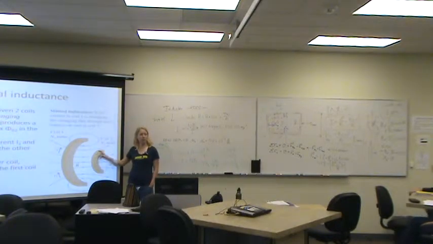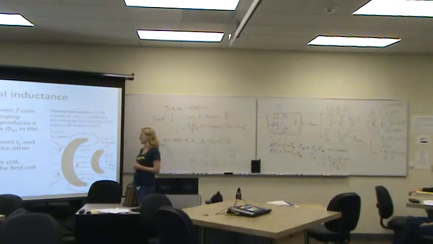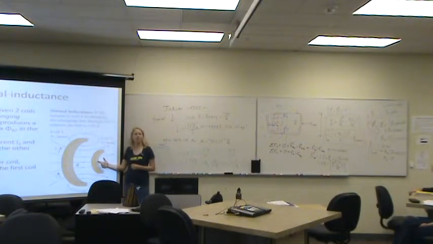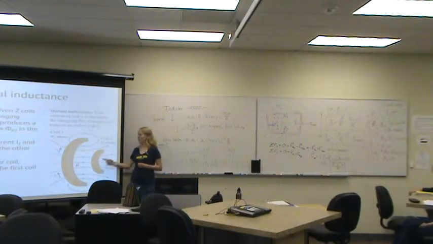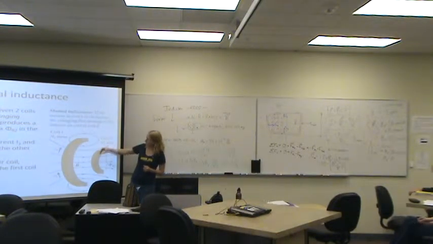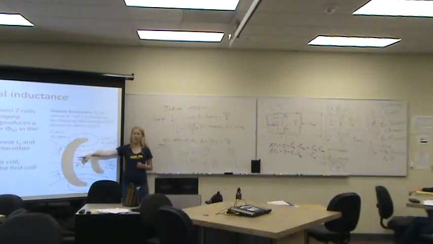So the other loop is going to say, whoa, I don't like this external B field changing. I'm going to create an induced B field to oppose it, going in the opposite direction. And the induced B field is going to create an induced current that would be, what would it be? It would be in the opposite direction of that I1 current.